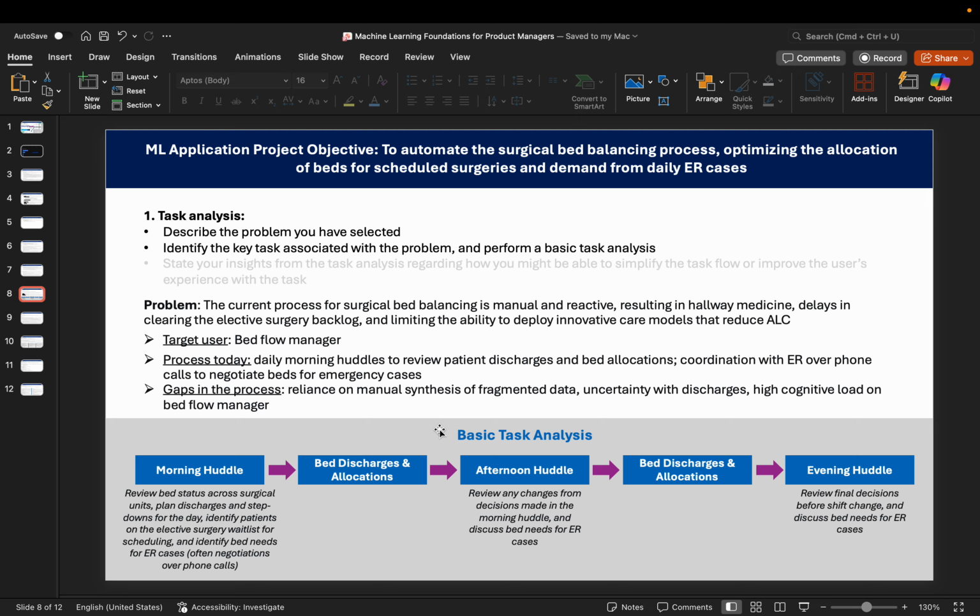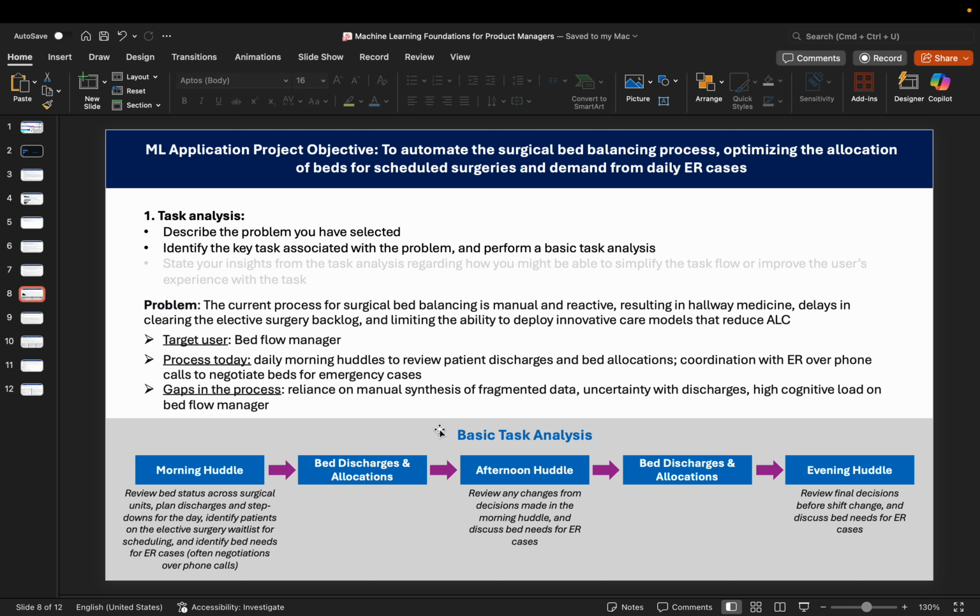And a lot of this process is manual, basically negotiation between different department heads and the bedflow managers, and relies on manual synthesis of fragmented data, which builds in uncertainty with discharges and a high cognitive load on the bedflow manager.